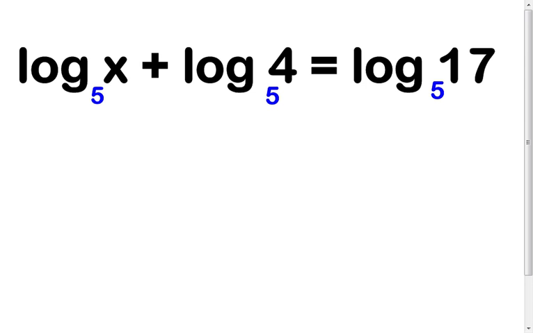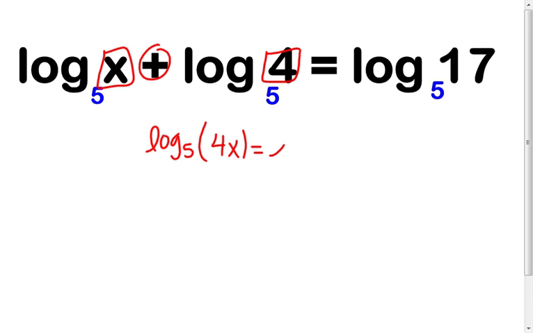We are going to use some of those properties to solve for some different variables now. In this first one, again, I have an addition sign in between, so I can take those two things and smush them together into one log where I'm multiplying x times 4 right here. Of course, x times 4 is 4x, so that's what I have right here.